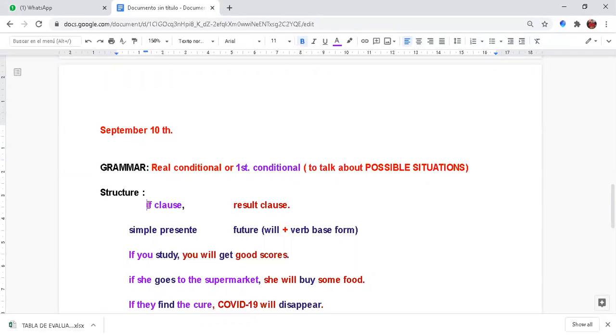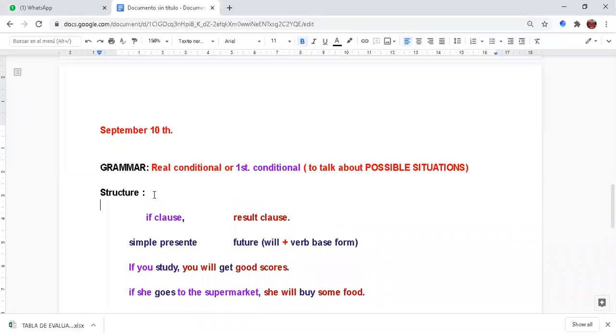So that means a sentence talking about real conditional will be organized by an if clause and a result clause.